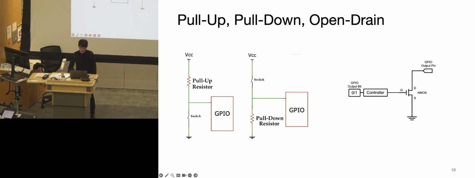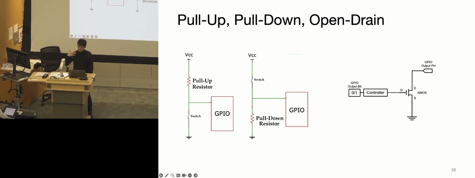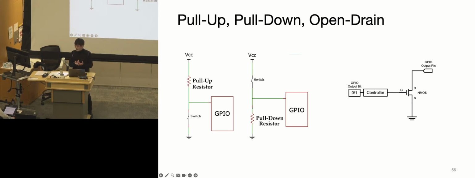Open drain is basically kind of like a floating state. Basically the GPIO can only pull the line to low. In this case, you cannot drive it high. So usually we use it in the output mode, I think. If you do need a high, you need some external power to do that. What it's typically used for is, for example, the core is running on 3.3 V, and whatever you're connecting to or trying to control is running on a different voltage.